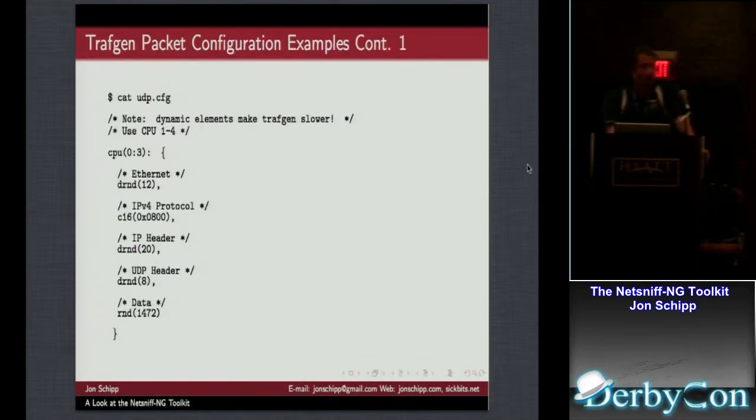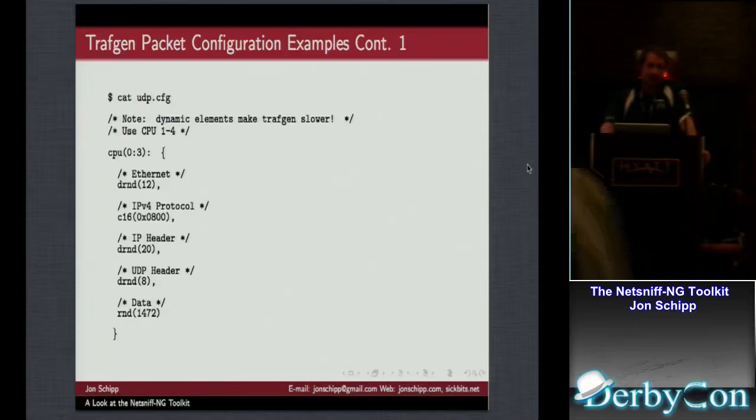And here's a little more advanced TrapGen expression. Here we can tell TrapGen what CPUs we want to use. We use 0 through 3, so 4 CPUs, with the index starting at 0. And we say Ethernet, we want to generate 12 bytes, so the source and destination Ethernet MAC hardware addresses, and then after that we want to use the IP protocol field, so we specify that in there.